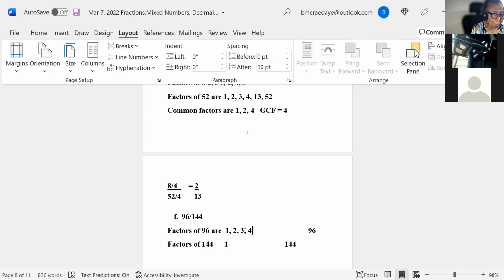What number can multiply by 4 to get 96? I don't know. Maybe 4 times 24. What comes after 4? 6.